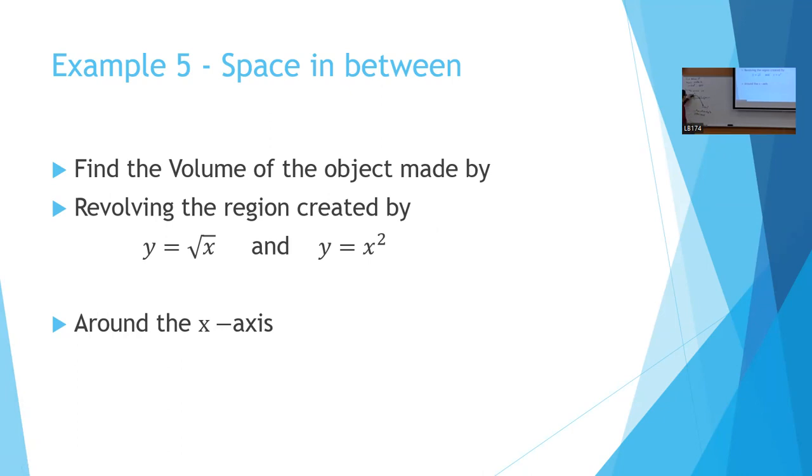Now, the next kind of curve that can come about is if my region does not touch or is not bounded along the line I'm rotating around. So far, in the first 4 examples, every time I had a region, that region shared a side with the line I rotated around.